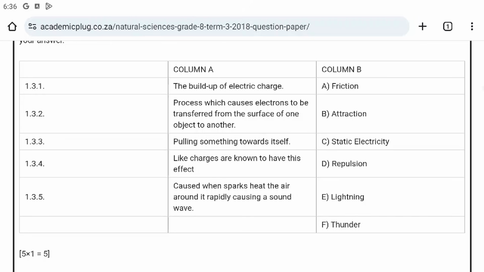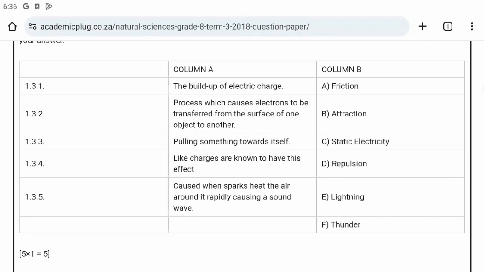Okay, so let me quickly read through column A just to make sense of it. By the way, these questions are not like EMS questions.